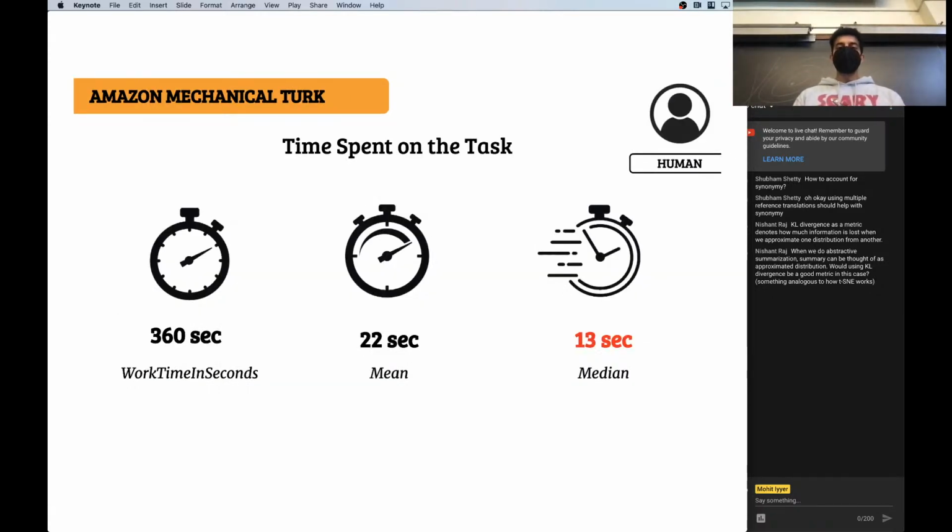And then we started looking more at the Mechanical Turkers who are actually rating our stories. We wanted to see how long they're spending on reading these stories. And the median time was 13 seconds. So if you imagine, every one of these stories was 150 words. It's impossible to read that carefully in 13 seconds.